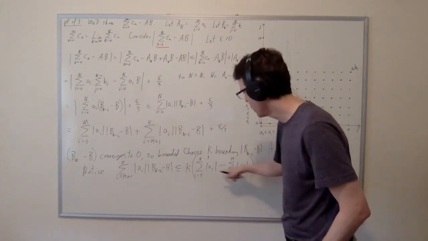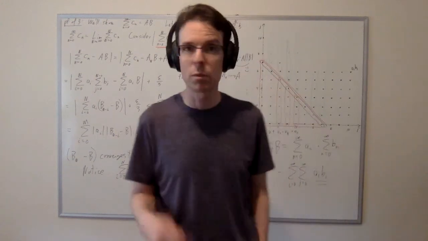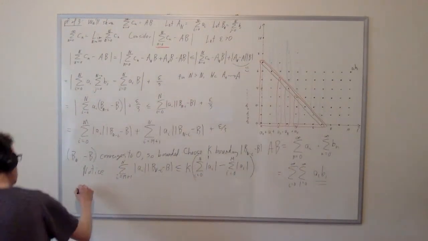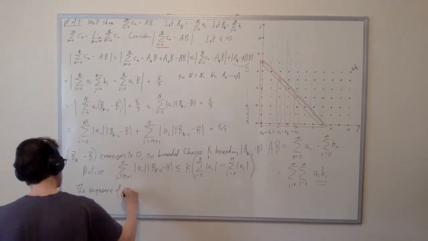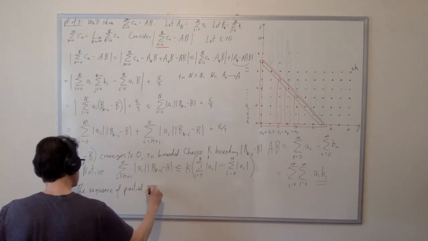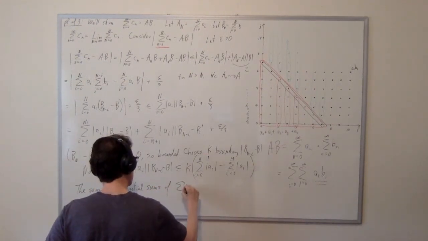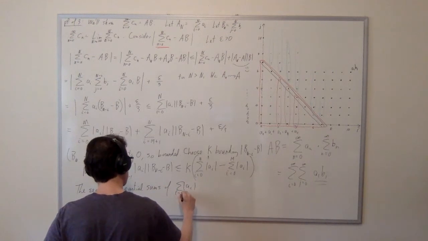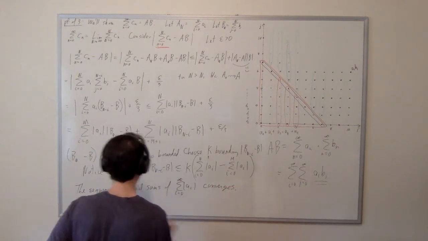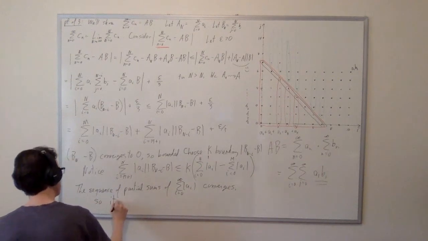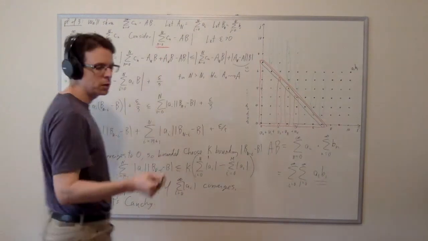Why am I making it look like the difference between two partial sums? Because the sequence of partial sums of the infinite series of absolute AI converges. And if it converges, then it's Cauchy. And so who cares if it's Cauchy?